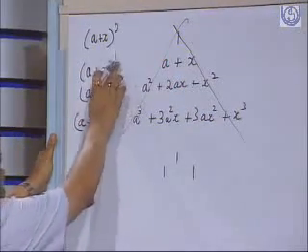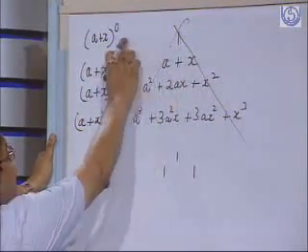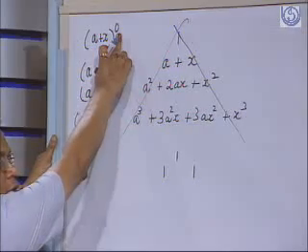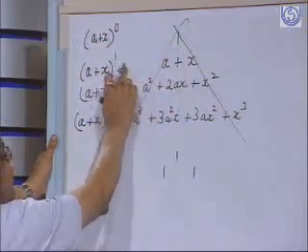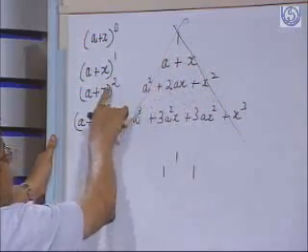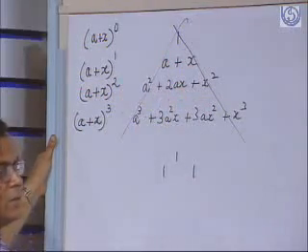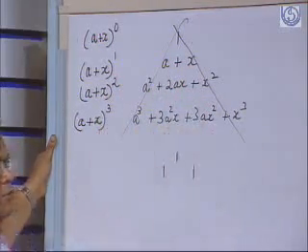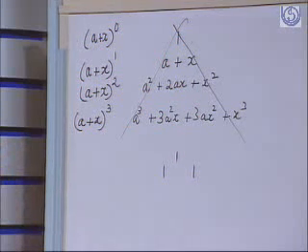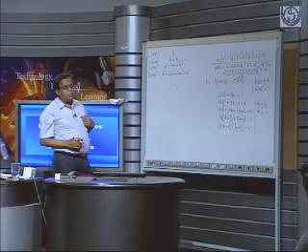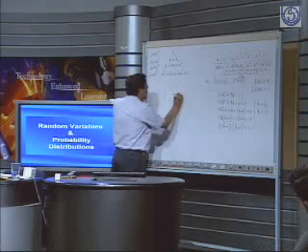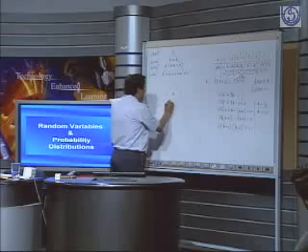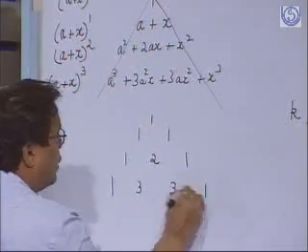And in every stage the number of terms is 1 more than the power. If the power is 0, number of terms is 1. If the power is 1, number of terms is 2. If the power is 2, number of terms is 3. If the power is 3, number of terms is 4. So had you observed this symmetry? Earlier, you may have thought about this in binomial: 1 1, then this is 1 2 1, 1 3 3 1.